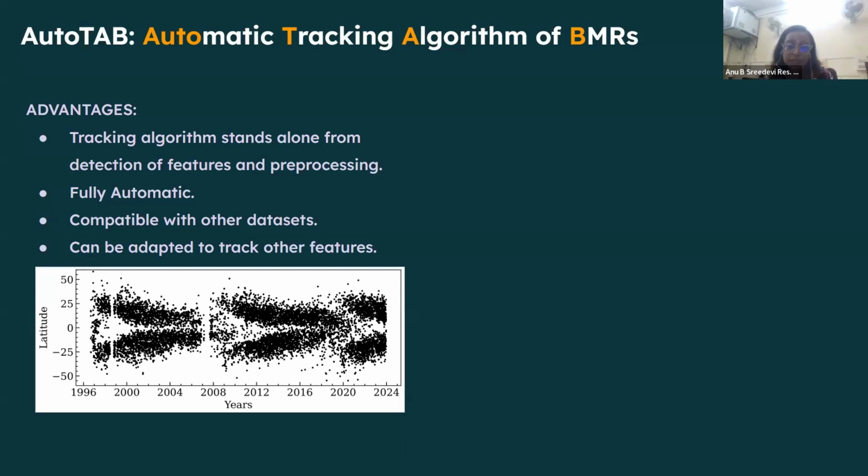It's compatible with different data sets. As I told you, pre-processing steps can be scaled accordingly, and the tracking algorithm can be used without any changes. AutoTAB can also be adapted to track other features if one is interested in doing that.